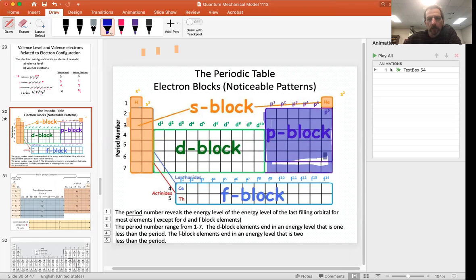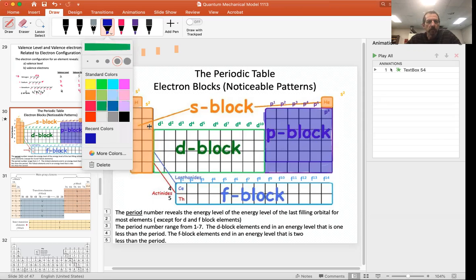That's not a coincidence, folks. That's because in the P sublevel, you're permitted to place up to 6 electrons. So the last thing you would write for an element in this purple region would be something in a P orbital, just like the last thing you would write for something in the orange positions would be something in an S orbital.